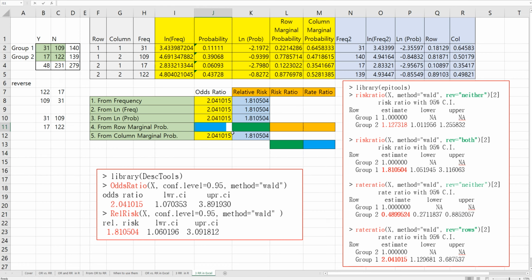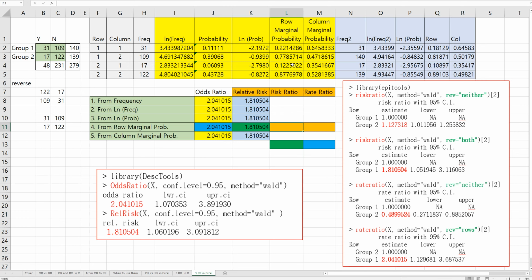So odds ratio can be calculated by first row over second row and divide by third row over fourth row. Then this is odds ratio, and relative risk can be calculated by first row over third row. Okay, so again, first row over third row, right?